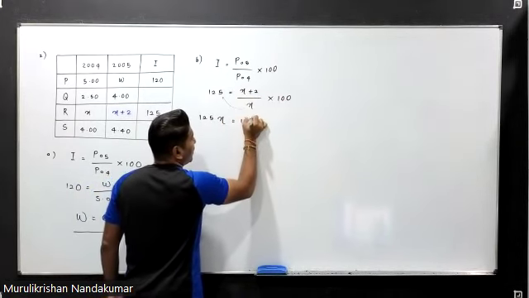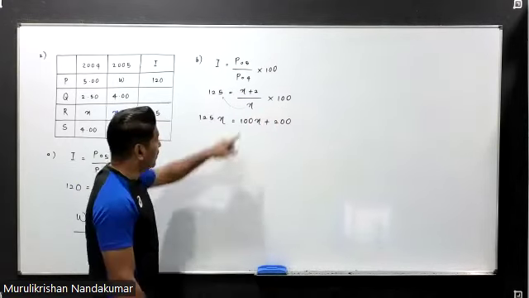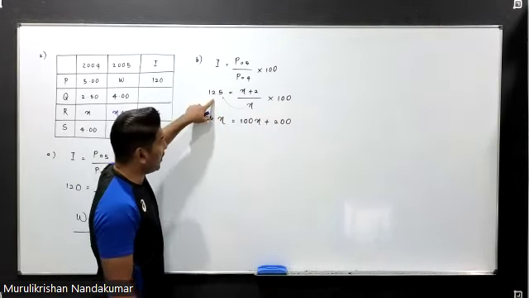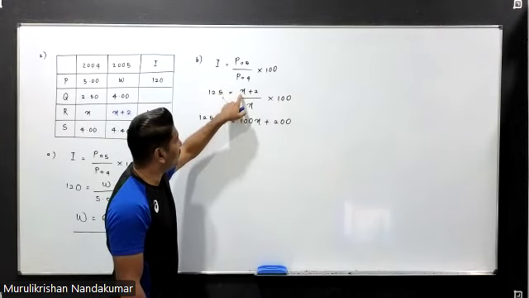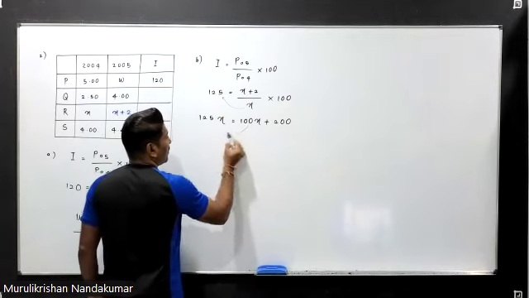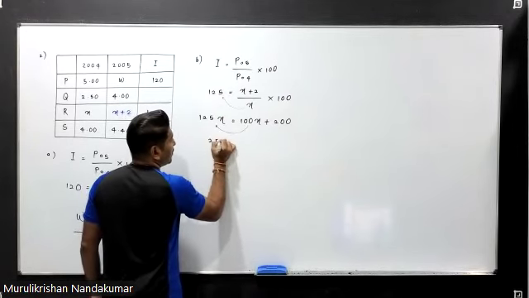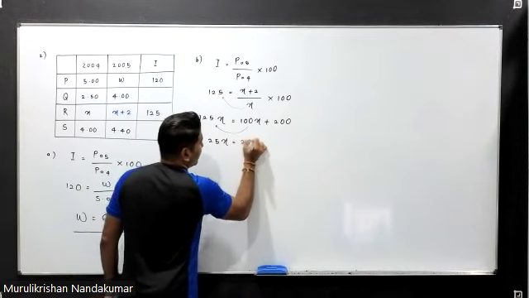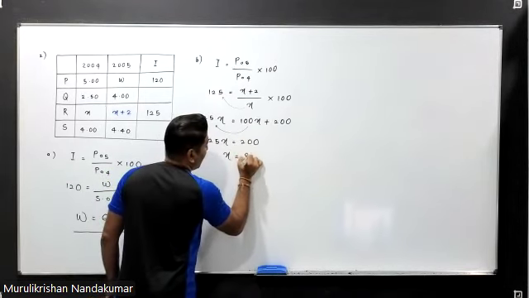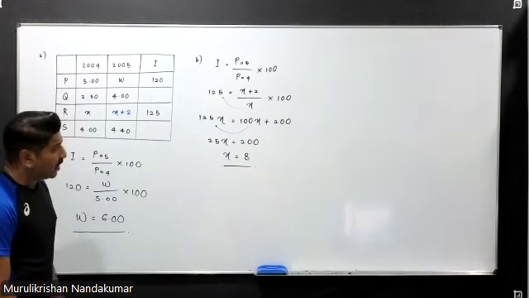So 100X plus 200. Siapa yang tak faham ni? Ini X saya sudah pindah 125X. 100 ni darab masuk sini. Sini pun darab 100, darab 100. So I'm going to bring this 100X here, will be minus. I will get 25X equals 200. You bahagi, you akan dapat 8. X kamu 8.